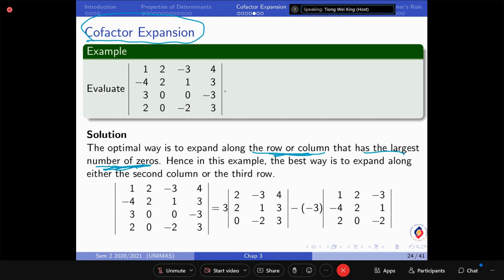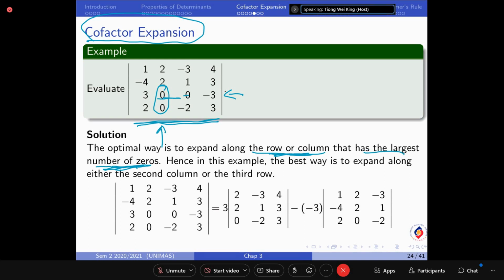For example, in our matrix here we have 3 zeros. So you either choose row 3 because row 3 has 2 zeros, or you can choose column 2 because column 2 also has 2 zeros.